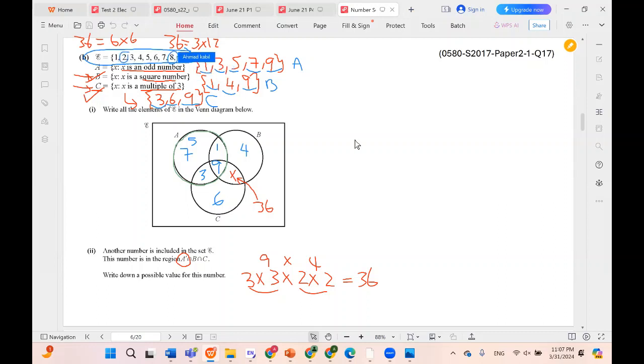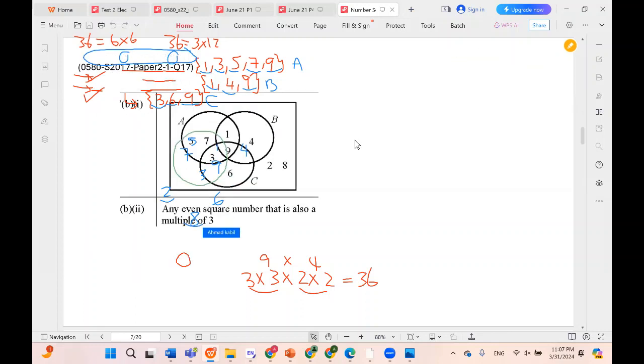So we should have placed the 2 and the 8 outside of all the sets, but within the rectangular box, of course. So now we have the correct answer.